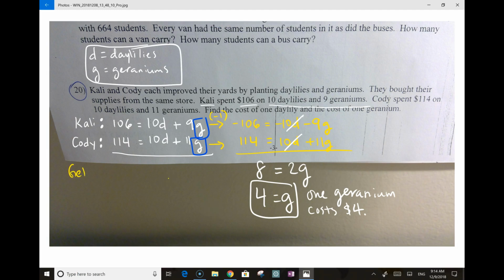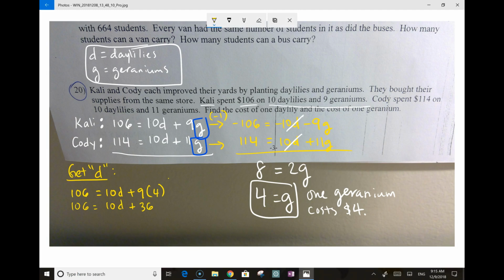So we're going to get, not G, D, the daylilies. Okay, and here we go. So it's going to be 106 is equal to 10 times D plus 9 times 4. And so this is 106 is equal to 10D plus 36.